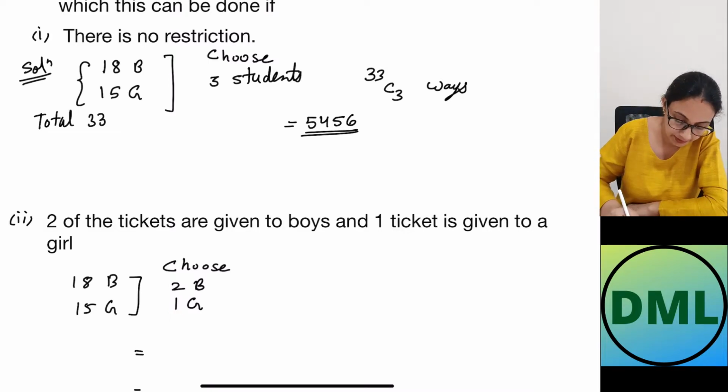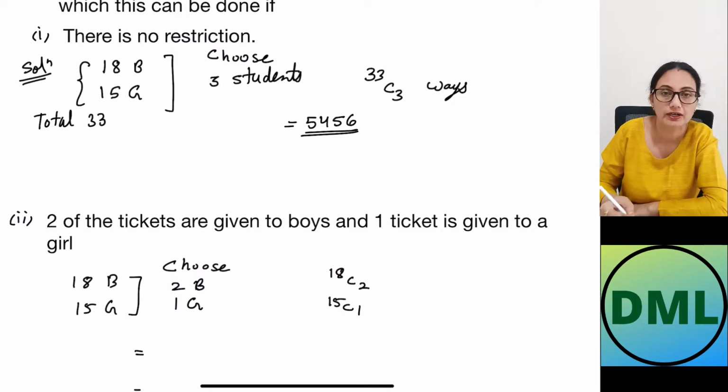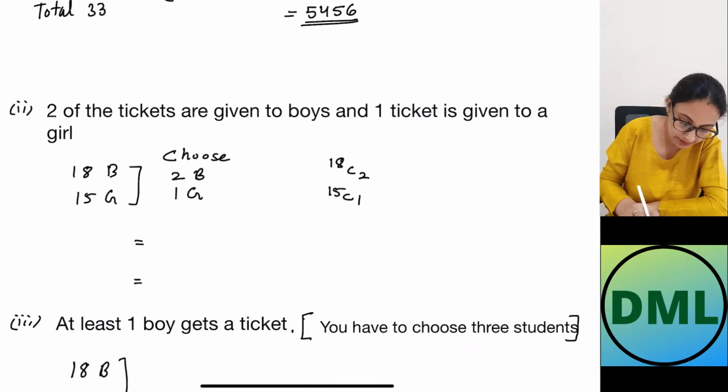This can be done in 18C2 ways and 15C1 ways, and because we are doing it together, I have to multiply. So my answer will be 18C2 multiplied by 15C1. If you solve it in the calculator, your answer will be 2295.